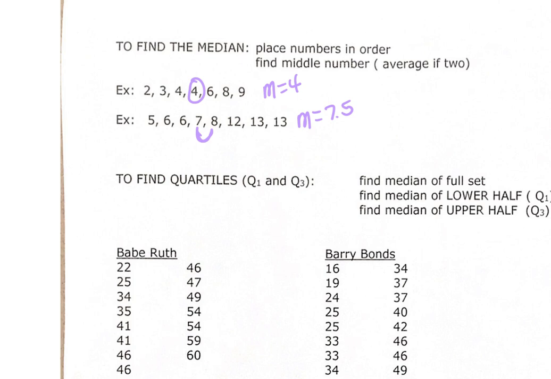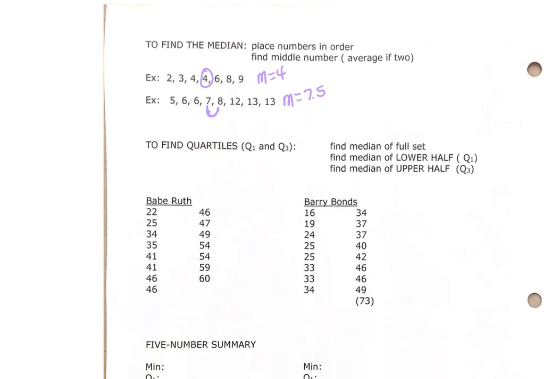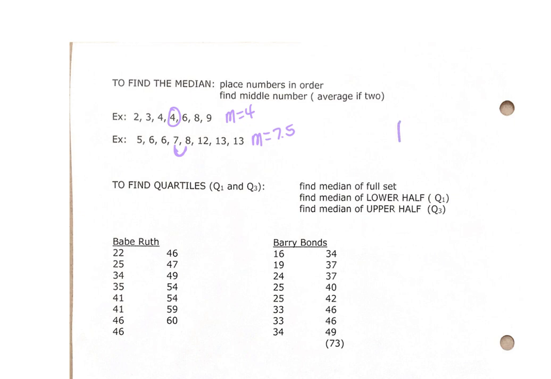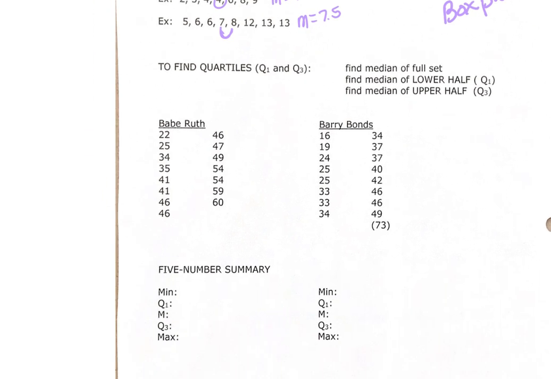Okay, so this is going to help us with creating a box plot or a box and whisker plot. To draw a box and whisker plot, we have to find the 5-number summary.